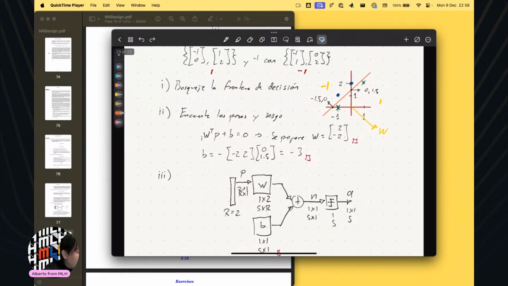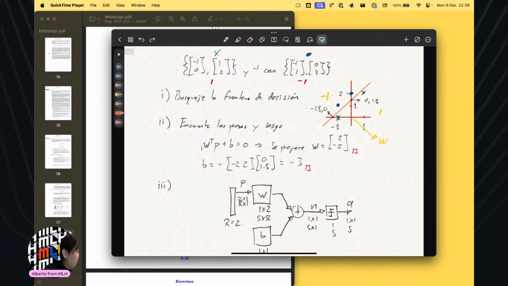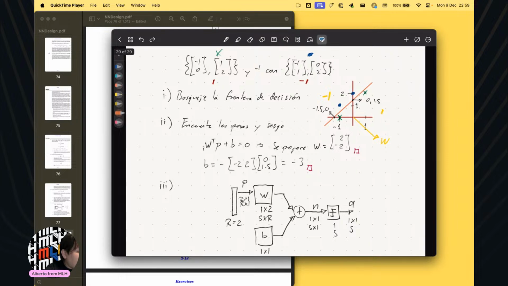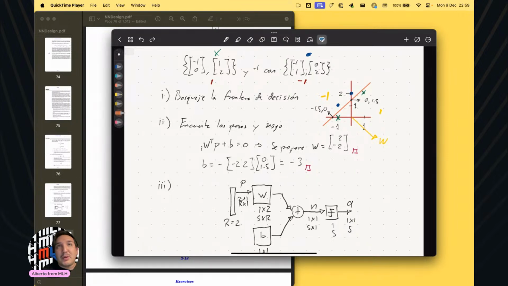The rule of the bias should be W times P plus B equals 0. So the bias here meets this criterion with the weight vector we proposed, and we just need to select a point, in this case, for example, 0 and 1.5, because the decision boundary crosses that line, and the bias will be -3.